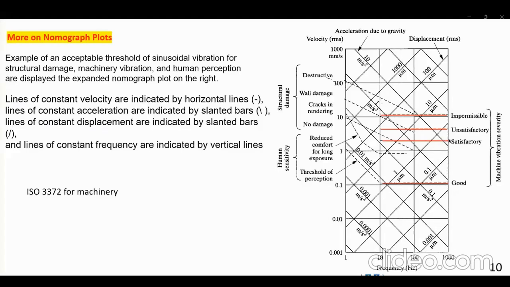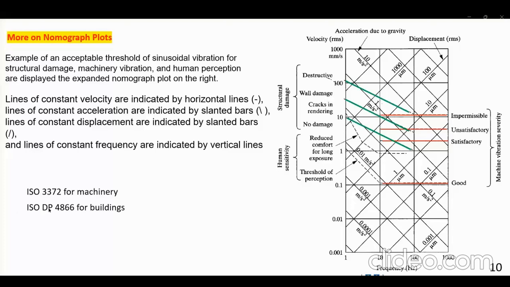If you are between these two lines, it's satisfactory. If the velocity is between these two lines, it's unsatisfactory, and above that, it's just not possible. It's destructive, basically.